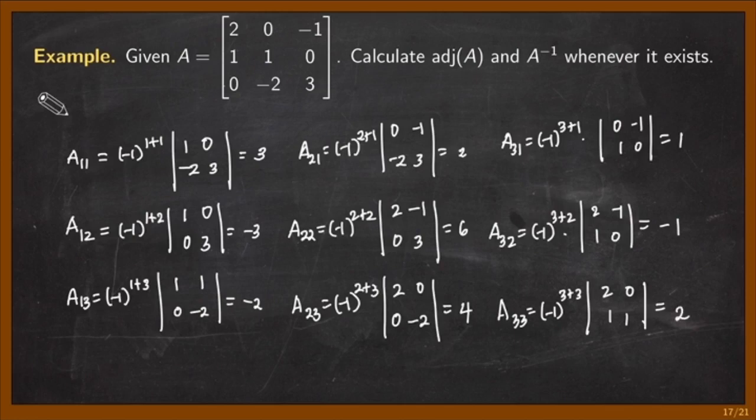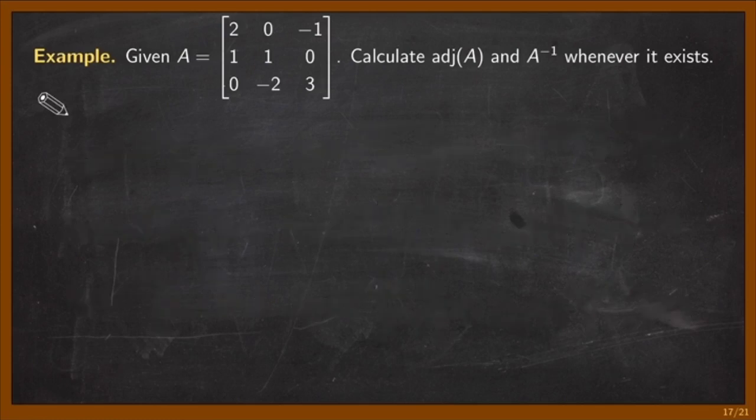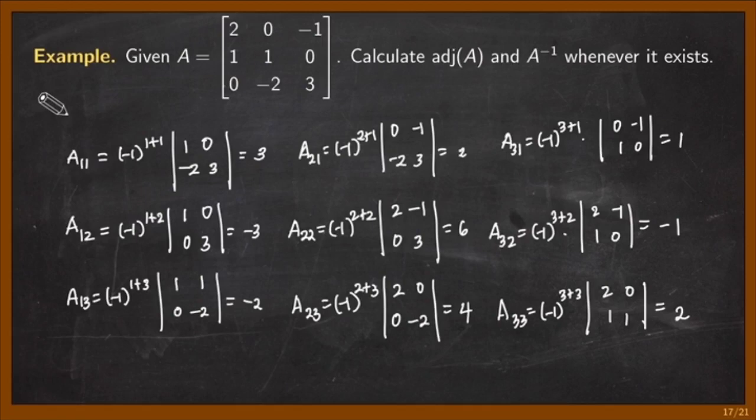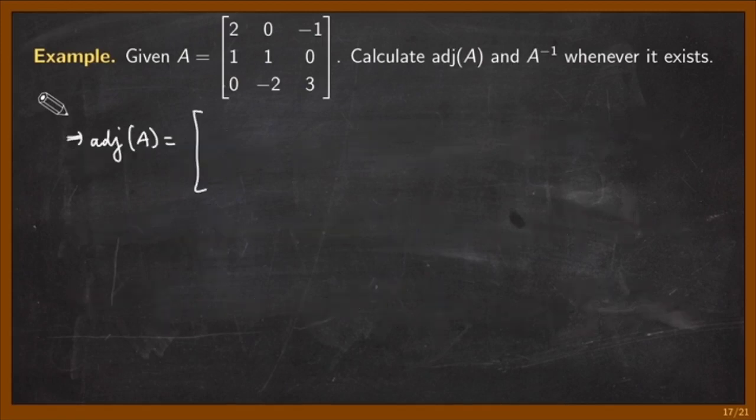So, what is now the matrix adjugate? Well, we just copy these entries, in this order. So let me place it here. Let's say adj A. So therefore, if our calculations are right, adj A is, let me copy row by row, 3, 2, 1.